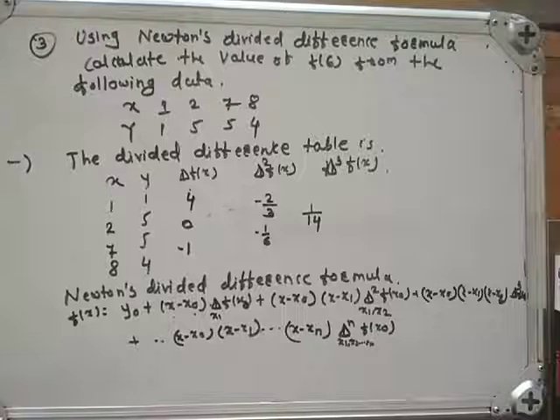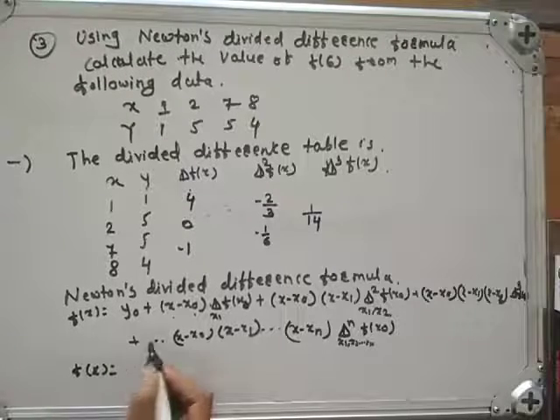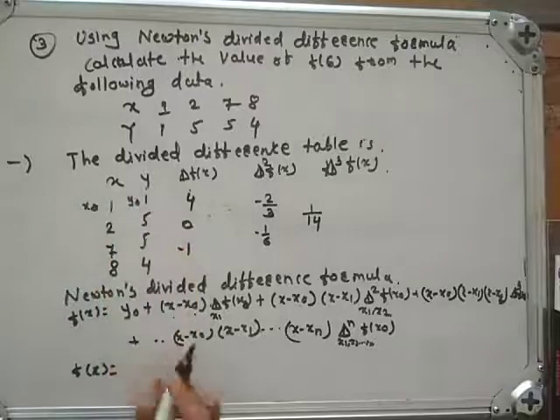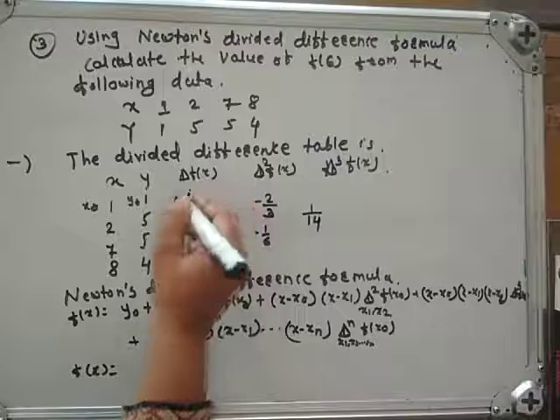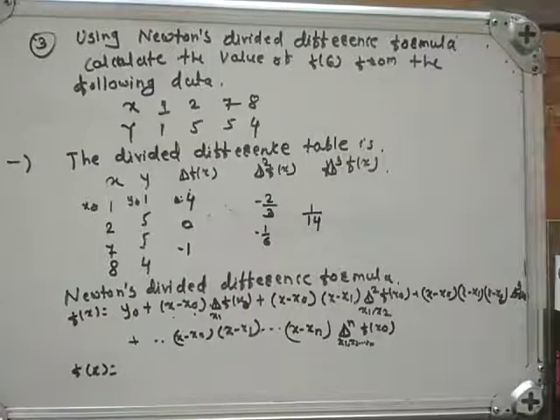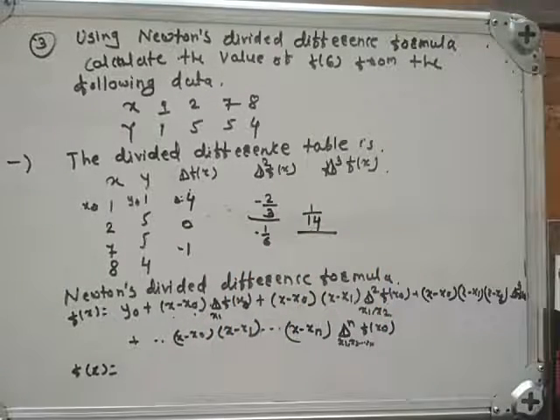Okay. Now put the values, you will get f of x is equal to, this is the value of x0, this is y0, this is the first divided difference, next is the second divided difference and this is the third divided difference.